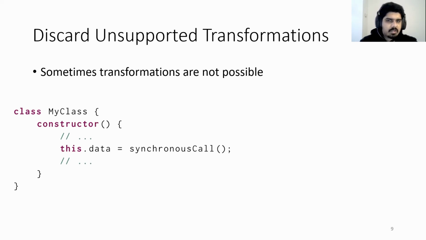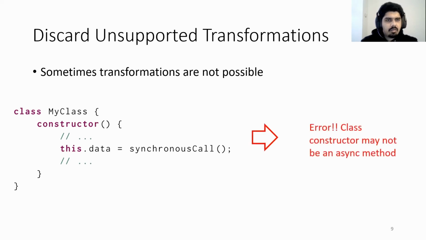If we were to make this function asynchronous, typically we would await the synchronous call and make the constructor async. But if we try to do that in practice, we would run into an error, since a class constructor cannot be made async. So we cannot support this transformation since it's invalid syntax.